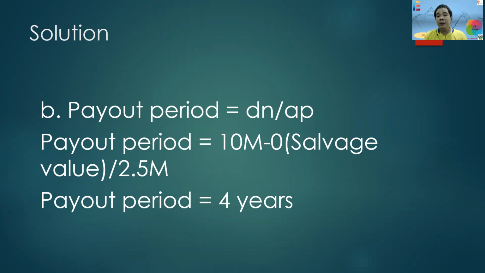Therefore, your payout period, or the return of investment of your money, is approximately 4 years. That means you will recover your investment from your annual profit by the end of 4 years.